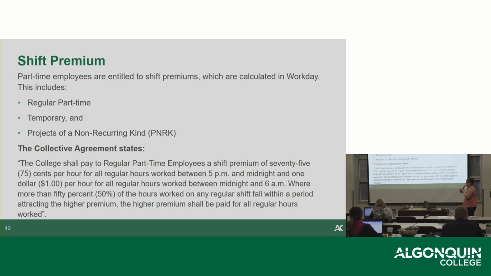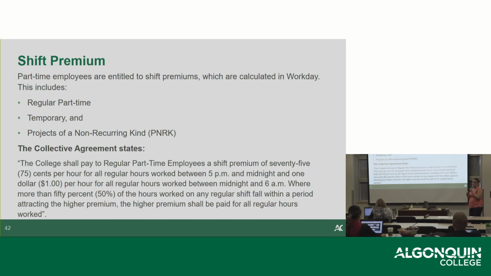So next are the 2 compensation-related matters. So Ralph mentioned earlier the new entitlements for things like shift premium and overtime. So I'm going to go into that in a little bit more detail. So with the introduction of the collective agreement, all regular part-time, temporary, and PNRK employees are entitled to shift premiums in Workday.